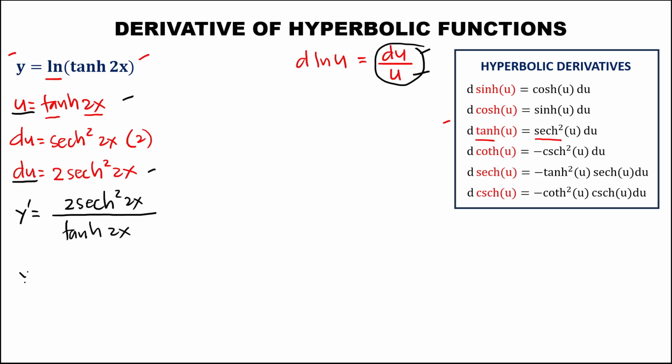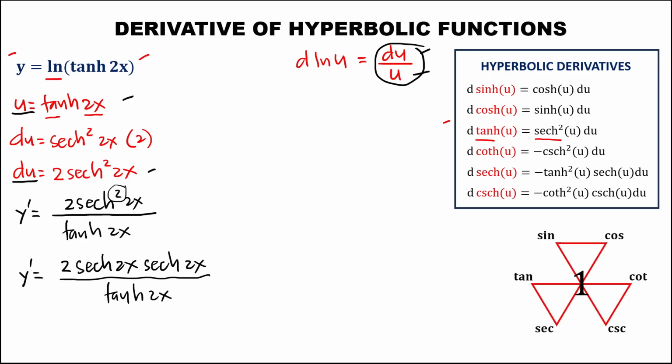Then from this, we can write this as 2 times the hyperbolic secant 2x times the hyperbolic secant 2x, that's squared, over the hyperbolic tangent 2x.